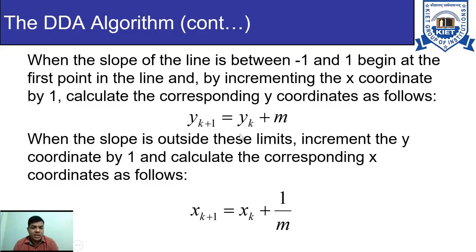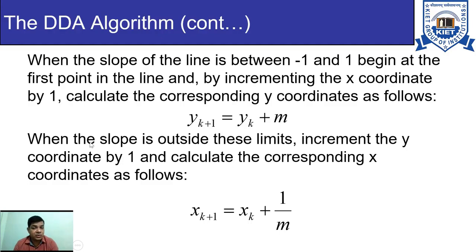Initially we calculate the slope of the line, and if the slope is between -1 and 1, we simply increment the value of x and approximate the y values. The formula for approximation is very simple: yk plus 1 equals yk plus m.